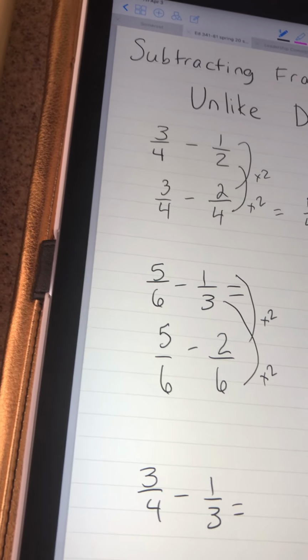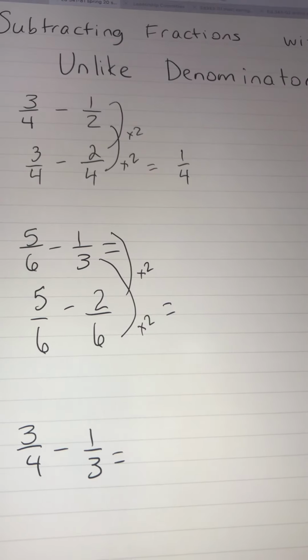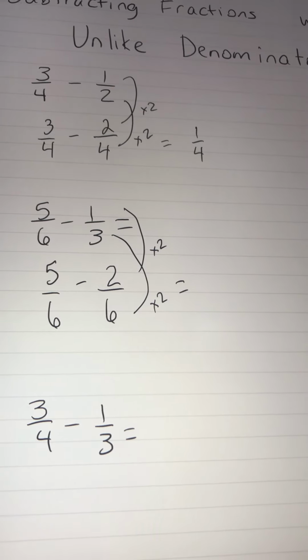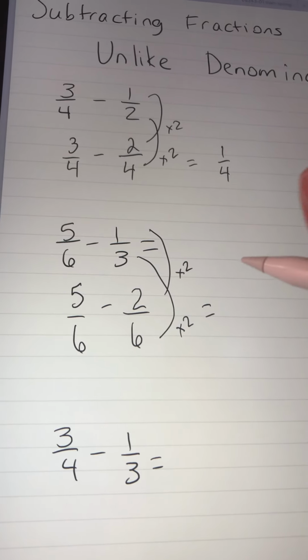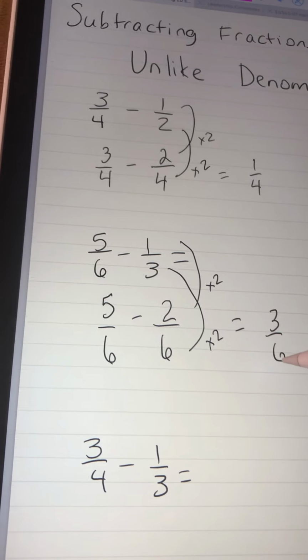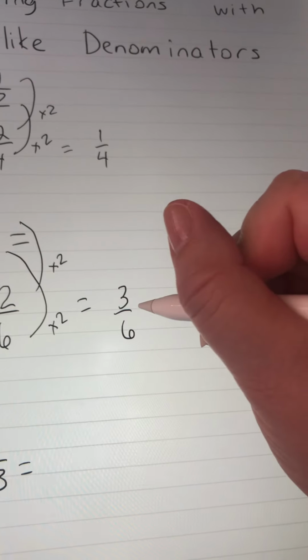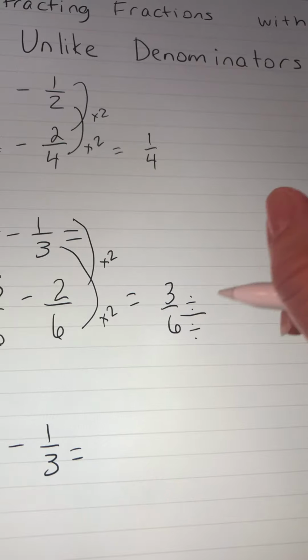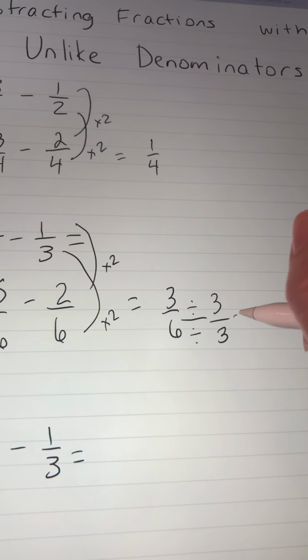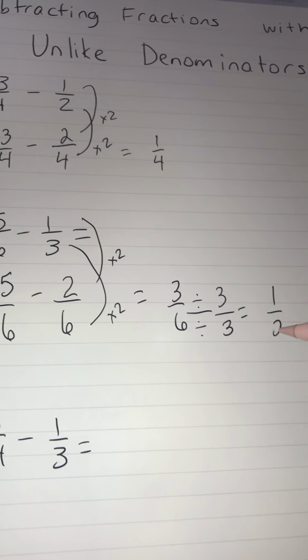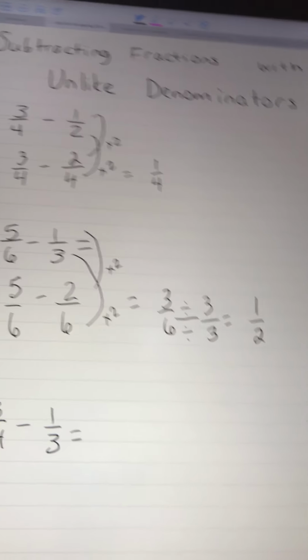And 1 times 2 is 2. So the difference between 5/6 and 2/6 is 3/6, which you might recognize could be simplified by dividing the numerator and the denominator by 3. So the difference is 1/2.